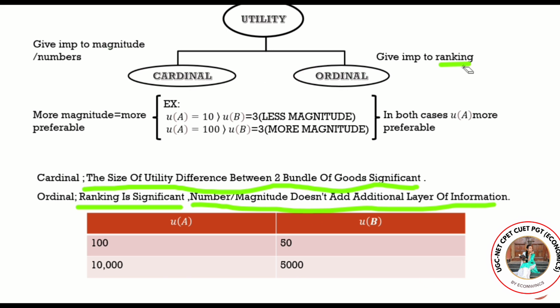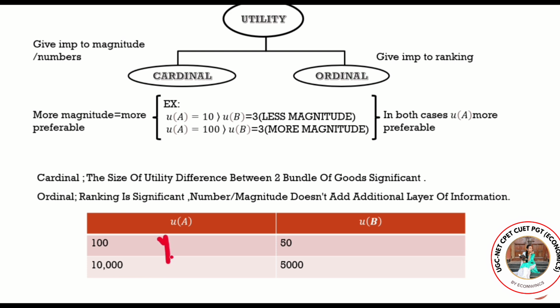In the second example, we again have two bundles, A and B, and again two people, me and you. Utility from A is 100 for you, and utility from B is 50 for you. Let's assume that I am a hyperbolist. So for me, utility from bundle A is 10,000 and from B 5,000.